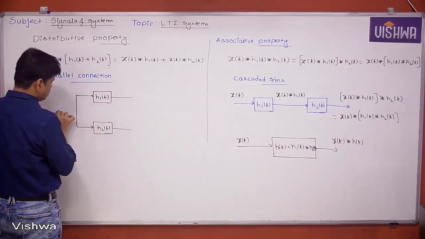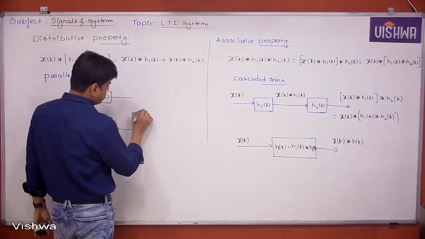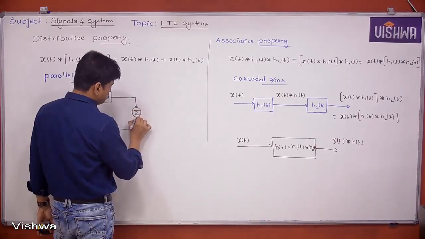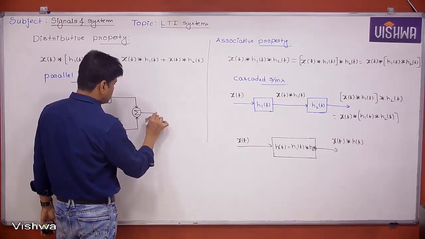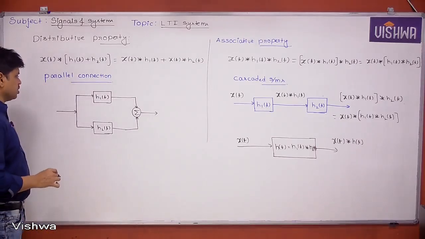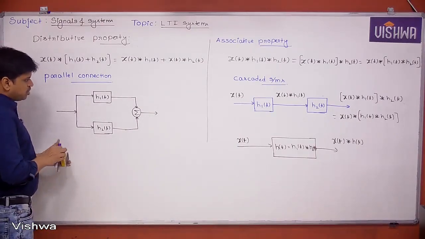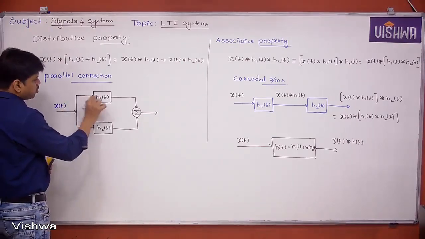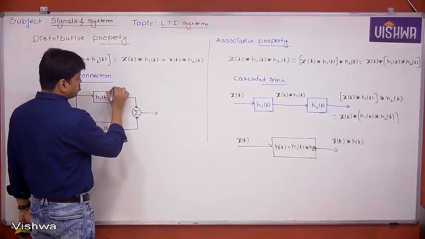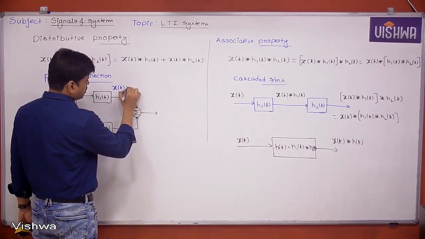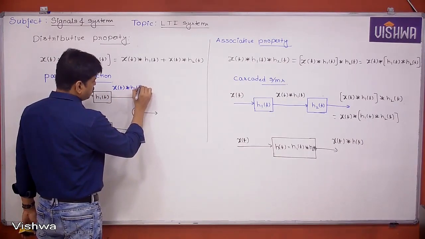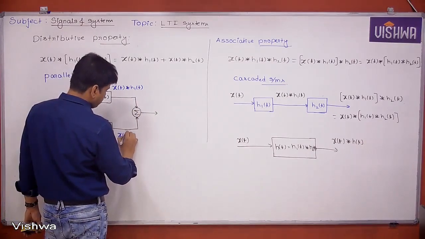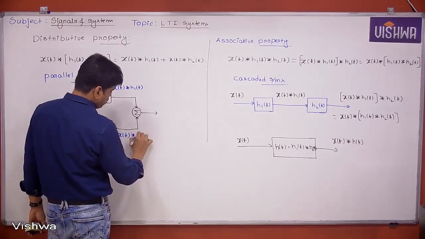For both of them, we are having the same input, and if they get summed, this is called a parallel connection. Okay. Now you see, if input is x of t here, the same input goes to h1 of t, so that I can get the output here as x of t convolution with h1 of t. The same input goes here, so that I can get x of t convolution with h2 of t.